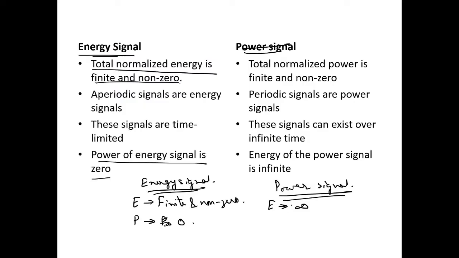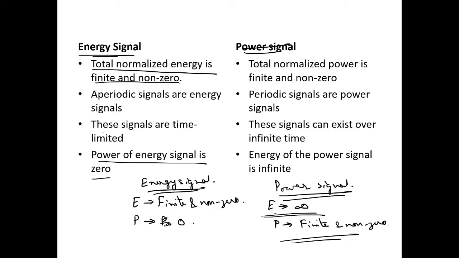So energy signals have a finite energy value, power signals have an energy of infinity, whereas the power of this signal should be finite and non-zero. So please keep these two factors in mind. This is the important stuff.